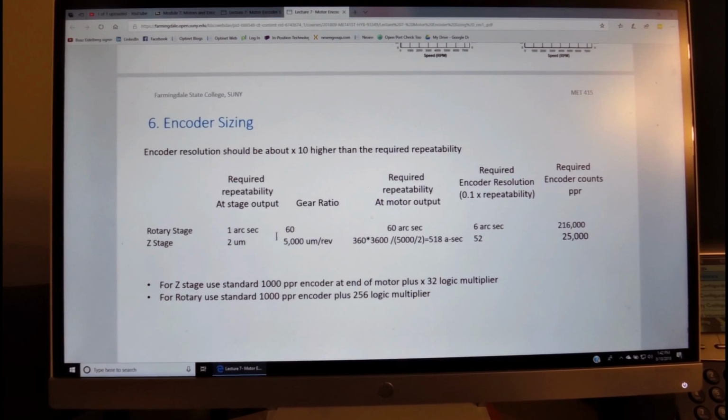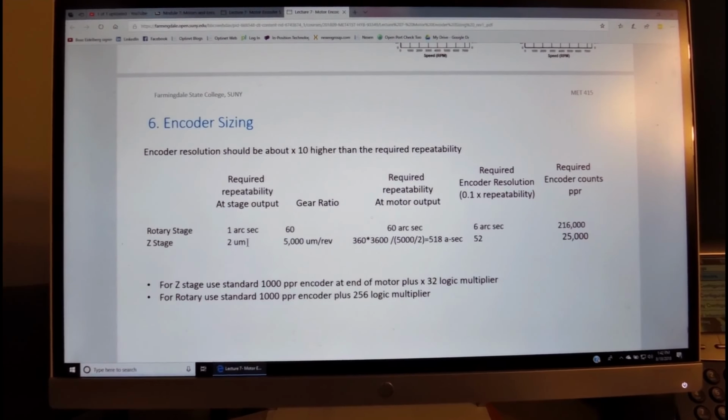Since we have a gear ratio of 60, we could relax the 1 arcsecond to 60 arcseconds, and then if the repeatability is 60 arcseconds, then the required resolution should be 10 times better, which is 6 arcseconds. So the required encoder count per revolution we can calculate at 216,000 counts per revolution for the rotary.